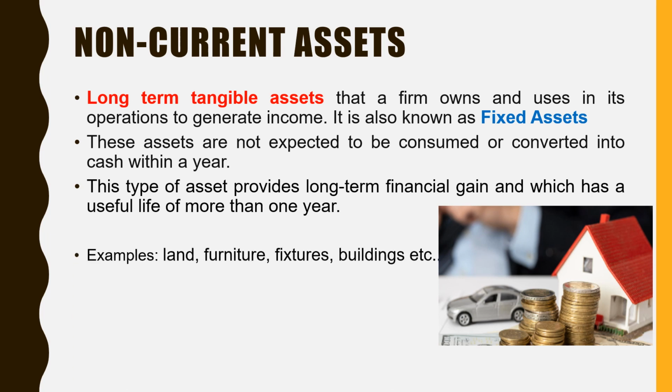There are many examples you can provide, like land, furniture, fixtures, buildings, or your laptop. Everything here is a non-current asset. So non-current assets are those which are not expected to be sold or consumed within an accounting year.